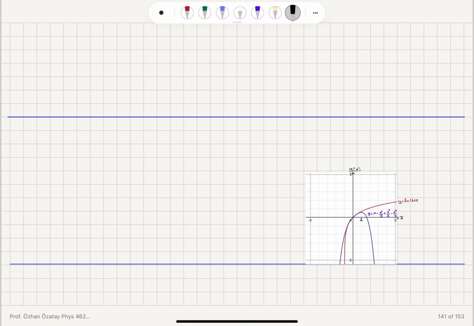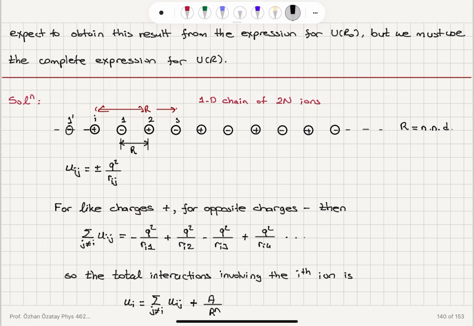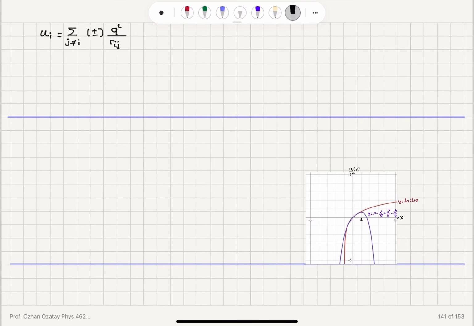All right, so we can write this as U sub i equal to the sum over j not equal to i of plus or minus Q squared over Rij, that's basically this term here, plus the repulsive term that's due to the nearest neighbor.